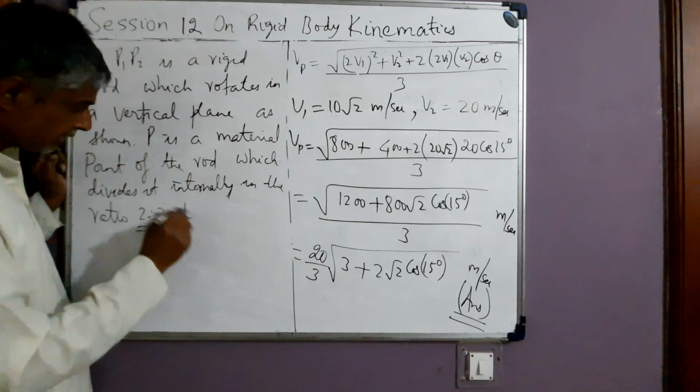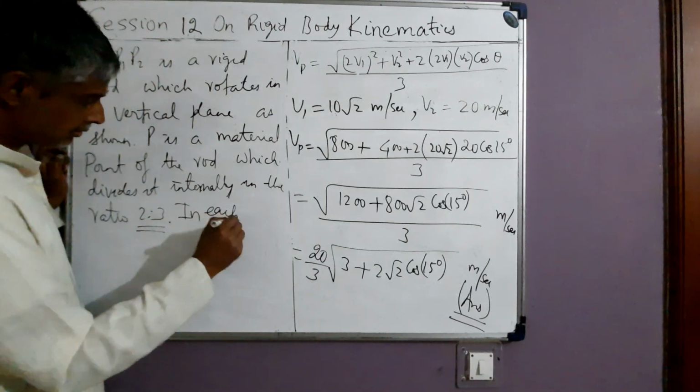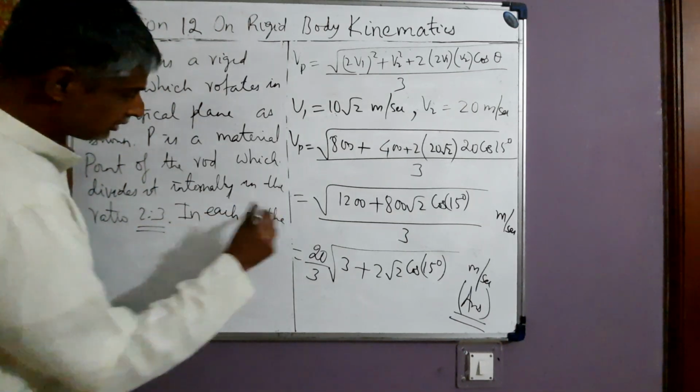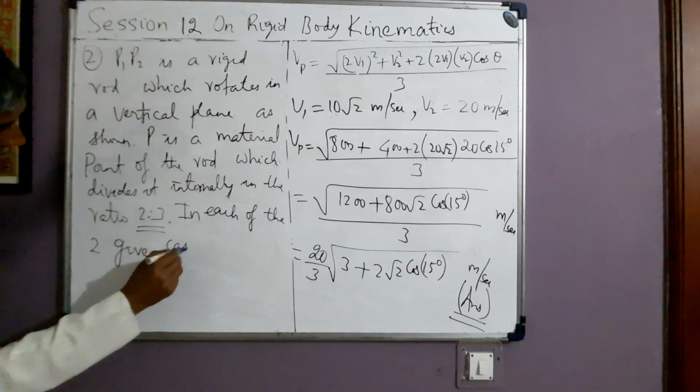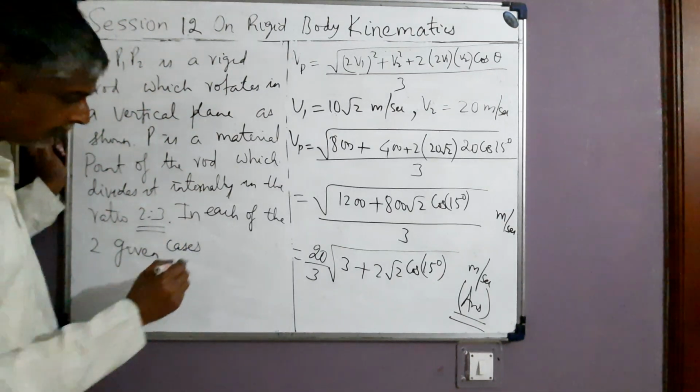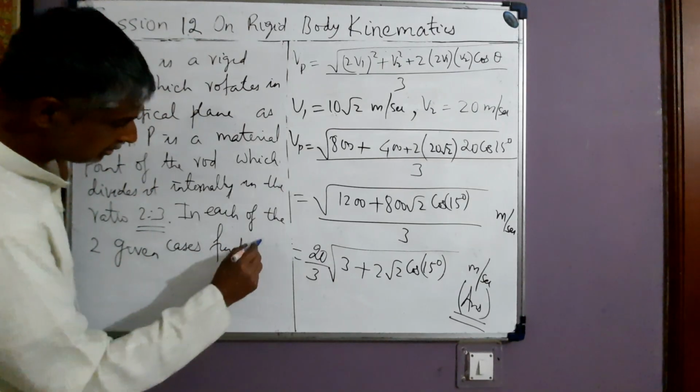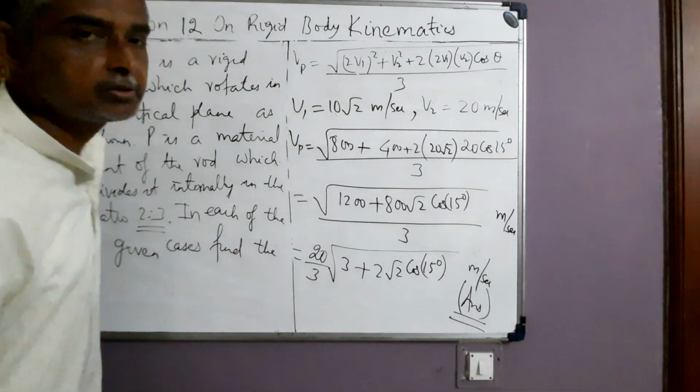In each of the two given cases, find the speed of point P with respect to ground.